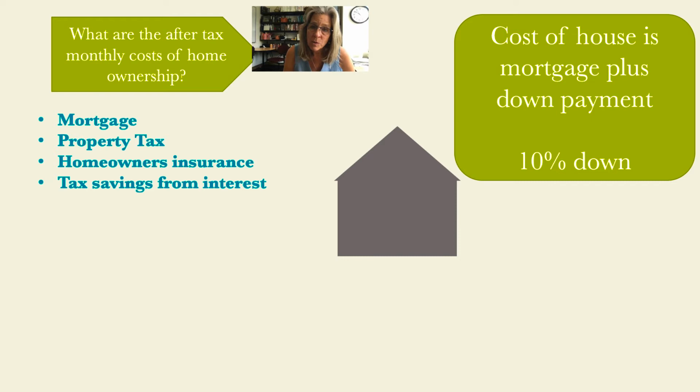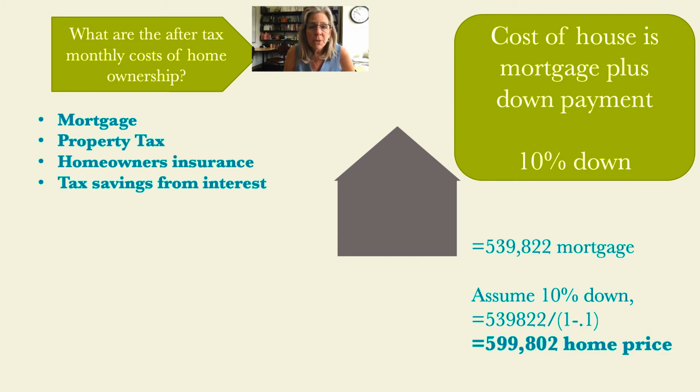But most banks want you to have a significant amount of money in the bank to put towards the down payment. And we can talk about savings accounts in later videos, but that's what we'll be using here. So 10% down means that we're going to be able to afford a house that's $599,802, so like $600,000, but I'm going to use the $599,802 value, so around that amount.